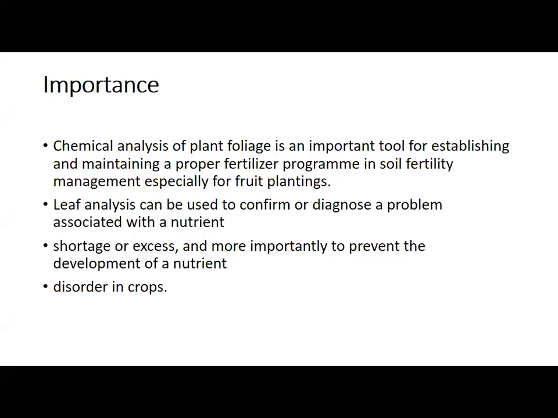Then shortages or excess, and more importantly, to prevent the development of nutrient disorders in crops.